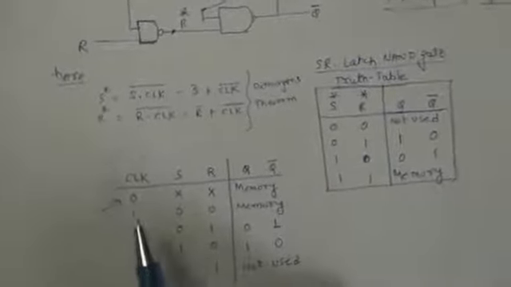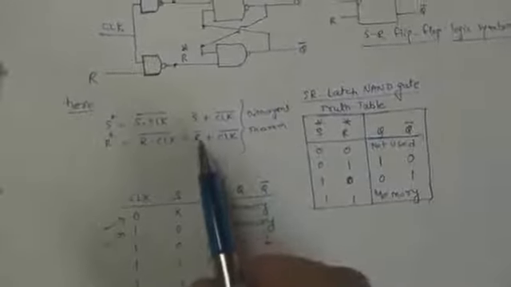Now let us take our second case in which now we have made clock as 1. This is our second case in which there is a clock, it is 1 now, and let us imagine S and R inputs to be 0 0, this one.